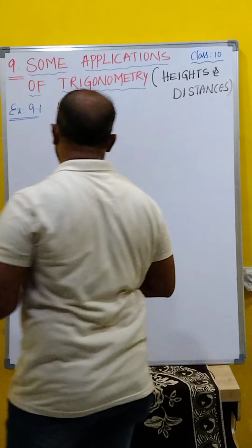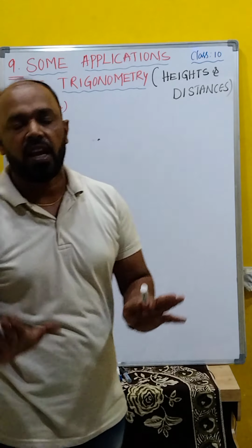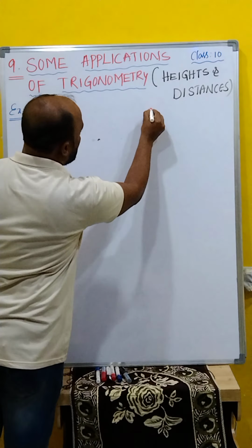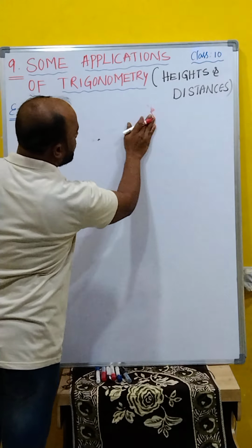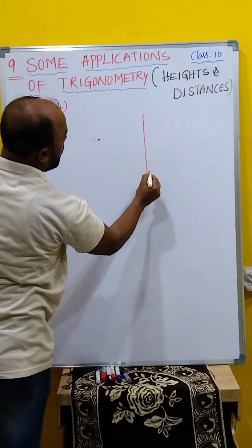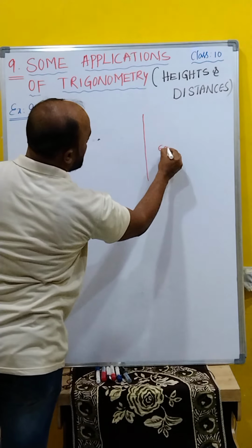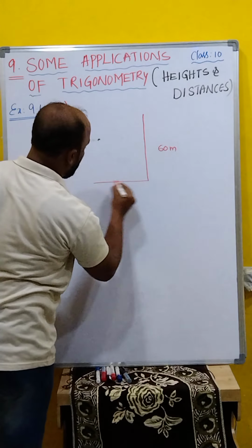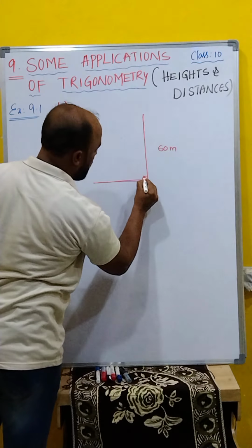Clear, children? First, according to the given information, we have to draw the figure. Height from the ground level. What is the height given? 60 meters above the ground. Suppose this is the ground level.